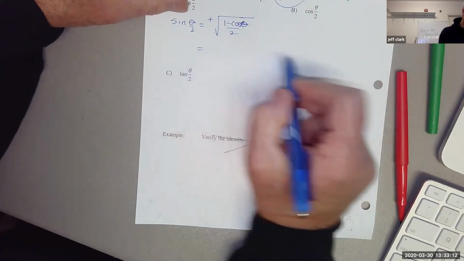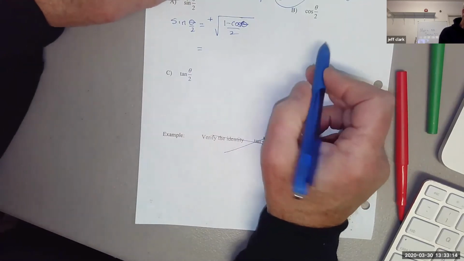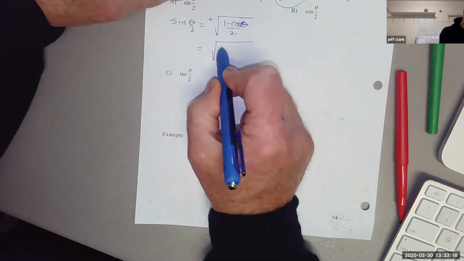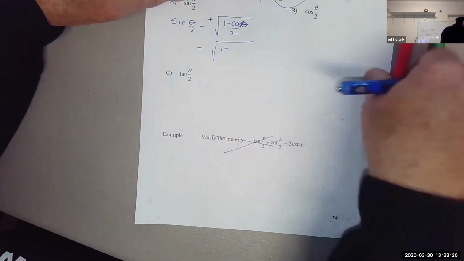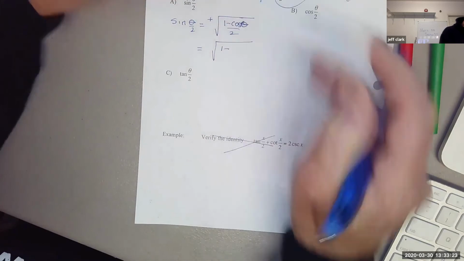Okay, here we go. As simple as that. Square root of 1 minus cosine theta from here, there it is. I didn't even need the triangle.